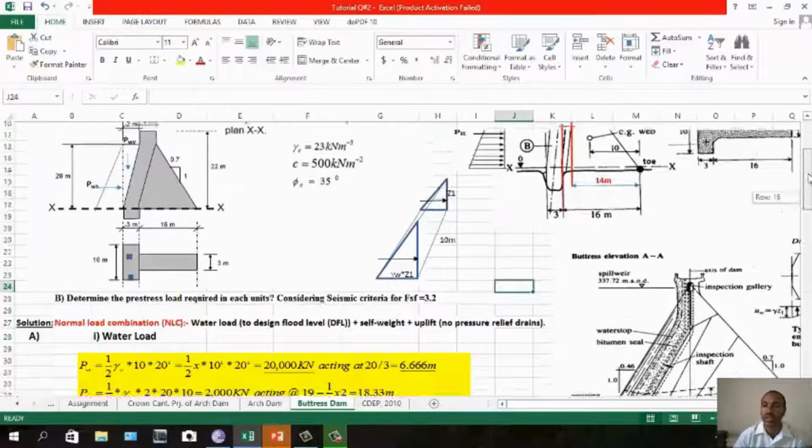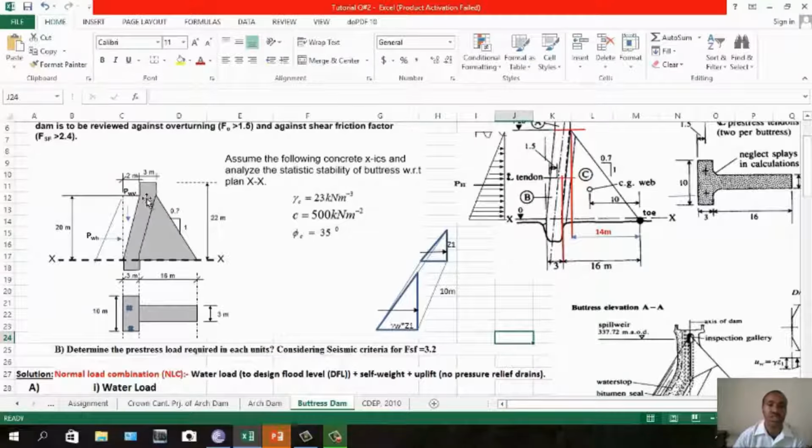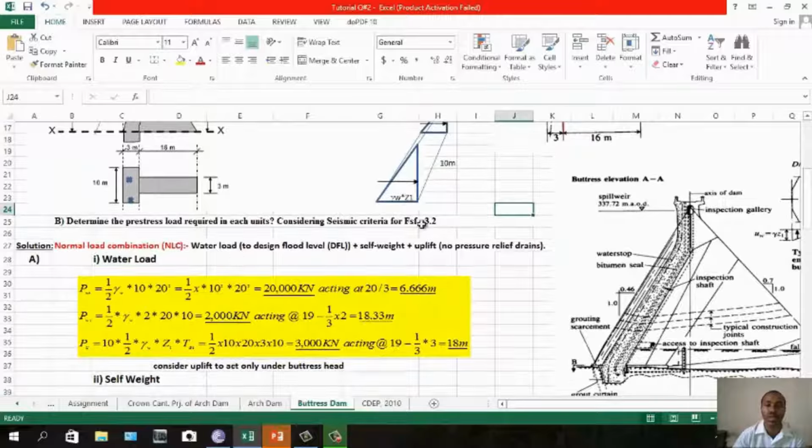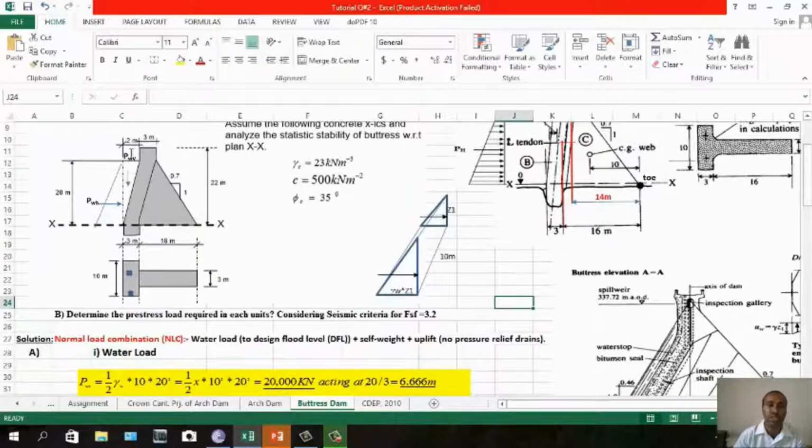Okay, the second one is the water load. This is just the inclined portion. So you have PWV, which is the vertical water load acting on this sloping face. Similarly, you have a triangular portion, 2 meter dimension in this direction, then you have 20 meter.